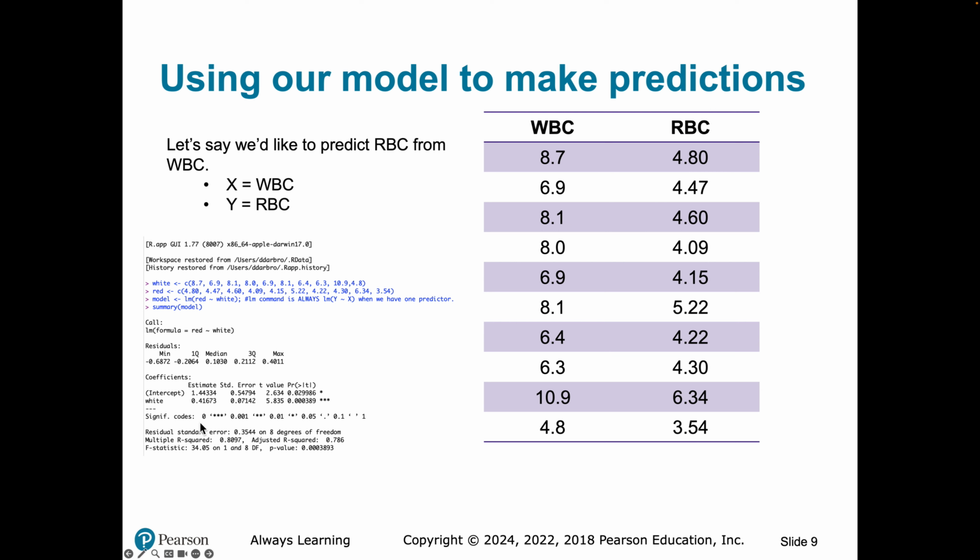And the output is a little strange. I'll go through all this with a fine-tooth comb in a later video, but for right now, I want you to know that this 1.44 right beside of intercept, that's our intercept. And whatever is under estimate beside of the other line, this is our slope.